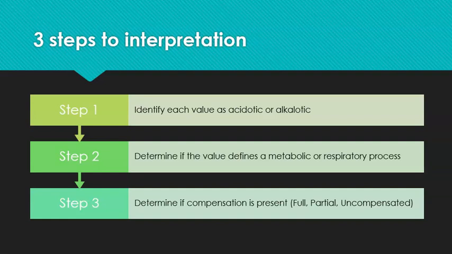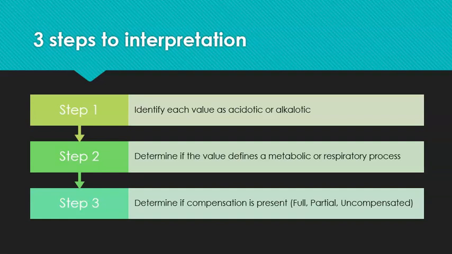Then we have to determine if there is compensation present. Is there full compensation, meaning the pH has returned to the normal range, in between 7.35 to 7.45? Partial compensation refers to your pH still being abnormal, so you do have an acidotic or alkalotic process present, but your compensating system is out of normal range.